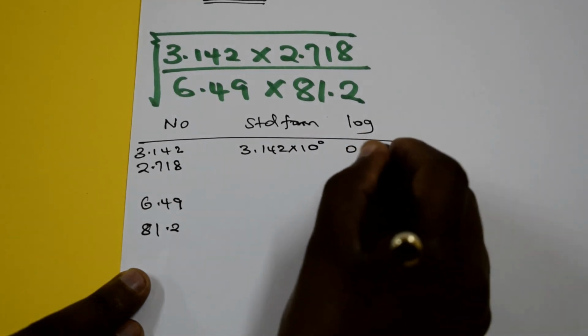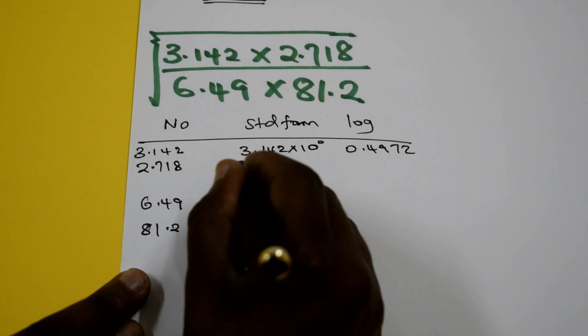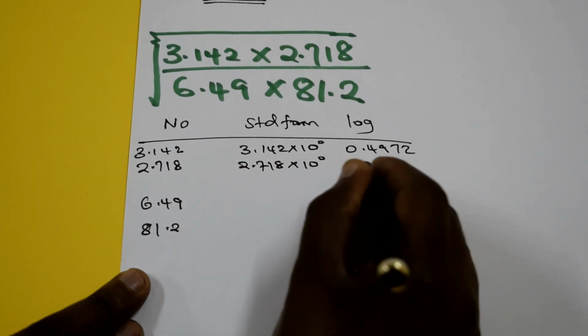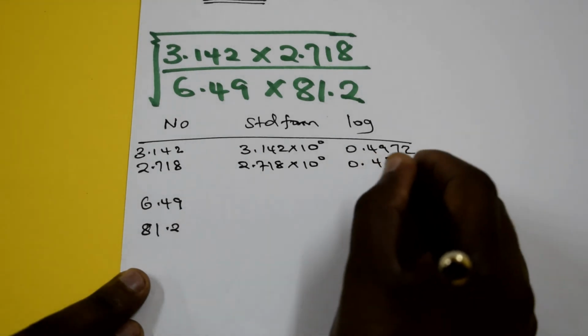So 0.4972, 2.718 times 10 power 0, 0.4343.